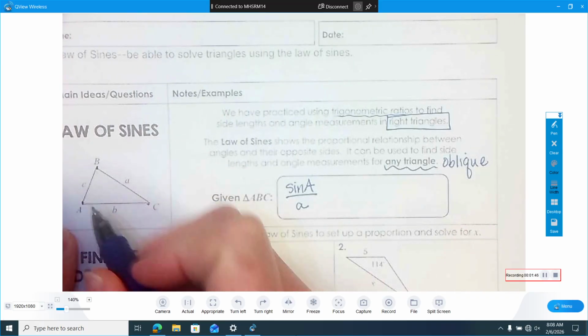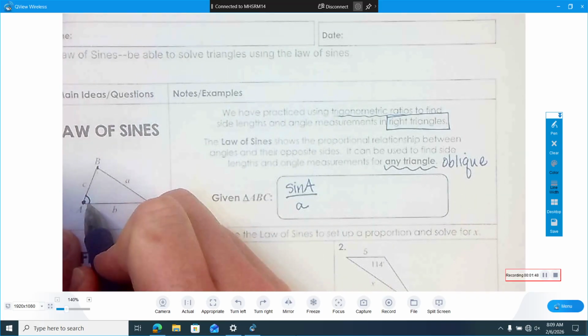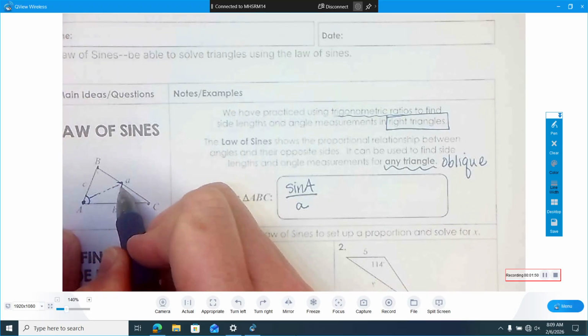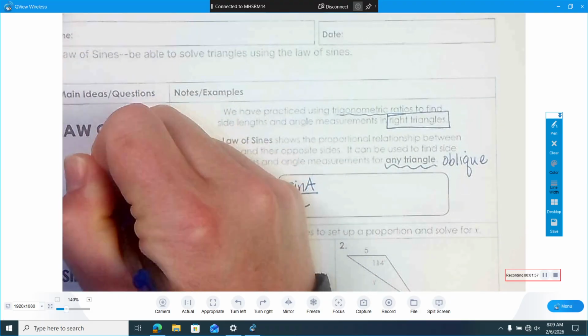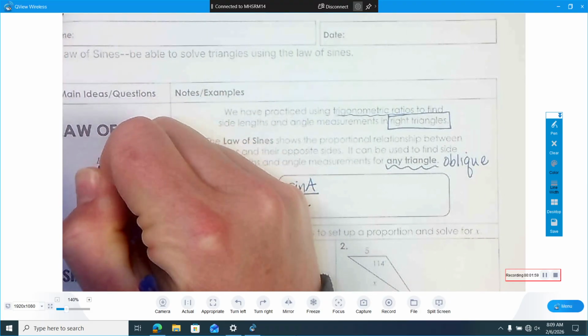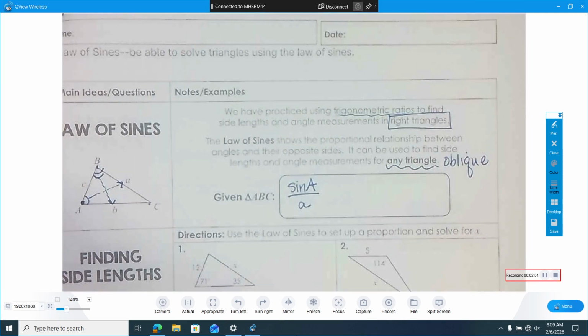So you'll notice here, angle A has its opposite side as lowercase a. And if you're looking from angle B, its opposite side is lowercase b. There's really hardcore notation going on in this law of sines here.